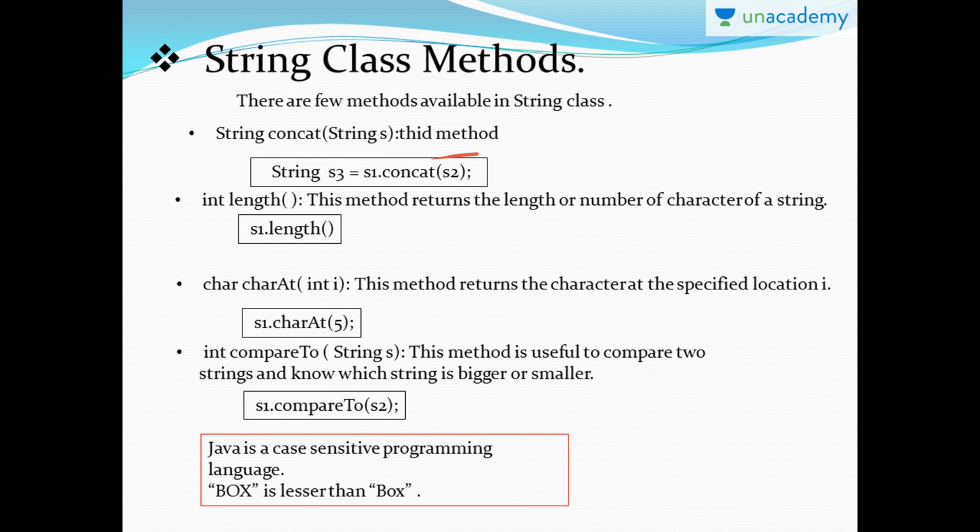For that we need a method called concat. Here String s3 is a variable where I'm storing the result of concatenation of s1 and s2. Suppose I'm storing New in s1 and Delhi in s2. So here I can add these two, New and Delhi, and store in s3 as New Delhi.